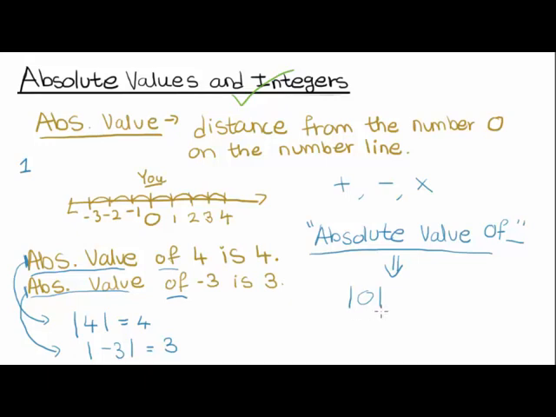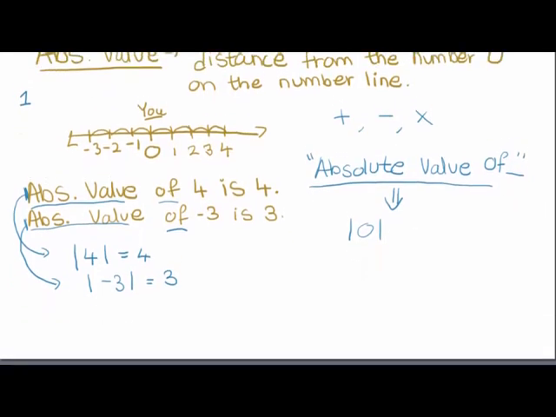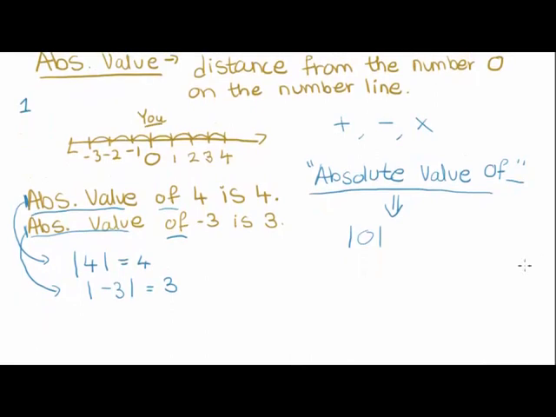Okay, so now you have enough experience with absolute values, and so I'd just like to leave you off with this section by this note basically. So if you have an absolute value of a positive number, the answer will be that number.